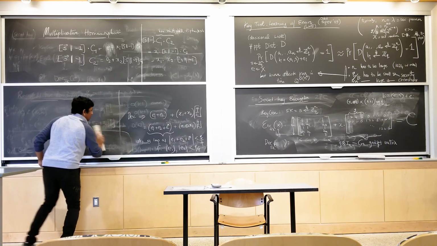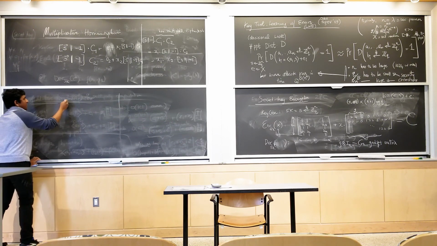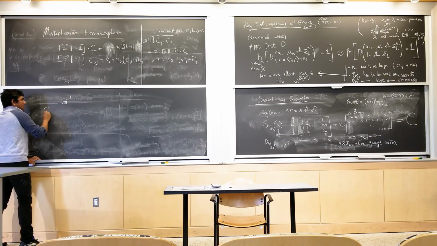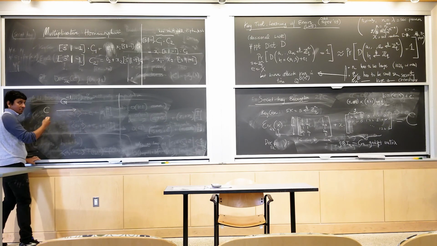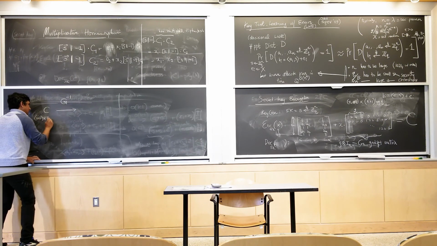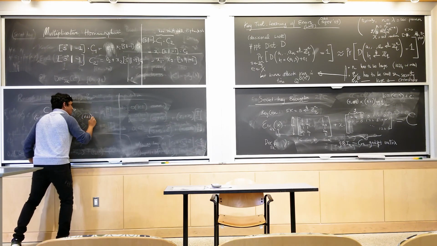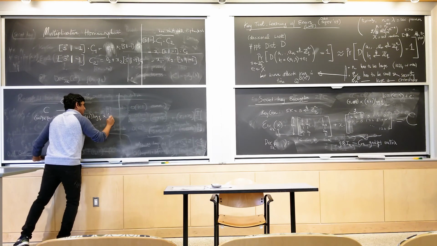Let me take C2. Look at the operator G inverse, which maps C, an n plus 1 by n plus 1 log Q matrix, into an n plus 1 log Q by n plus 1 log Q matrix.